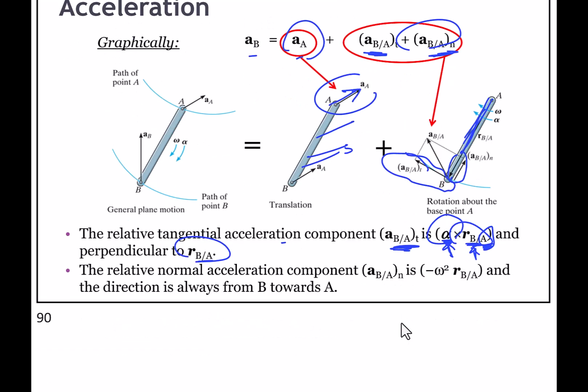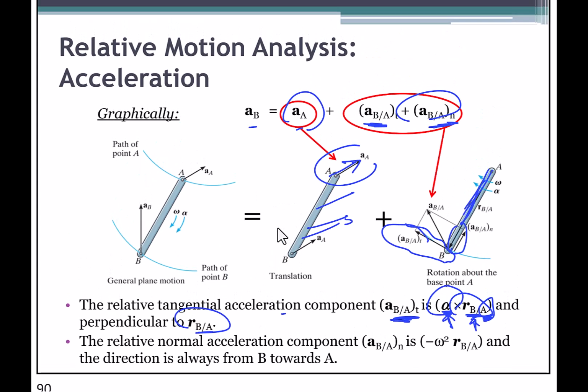You can determine them by determining the vector form and then getting the magnitudes from this number.